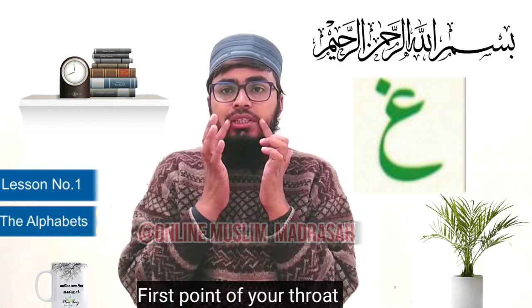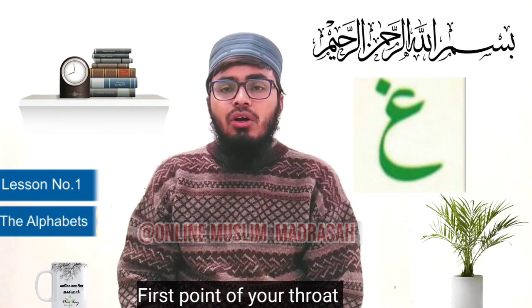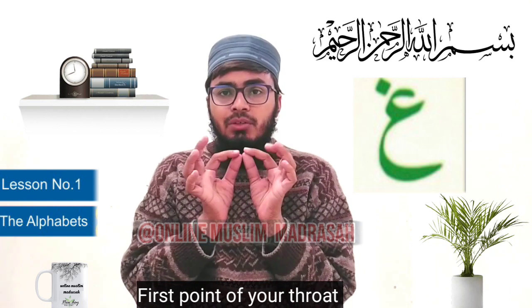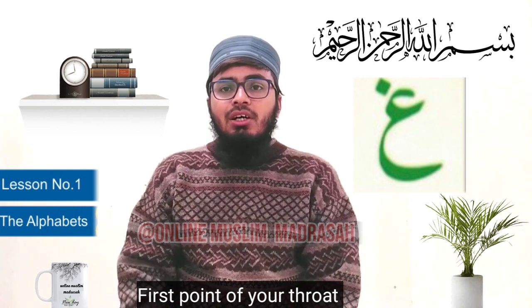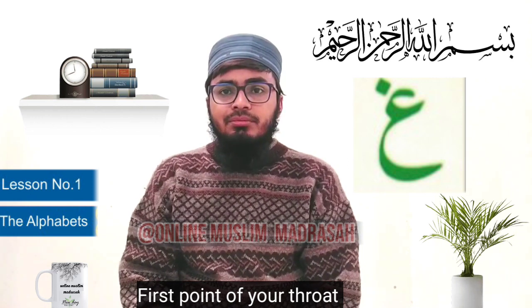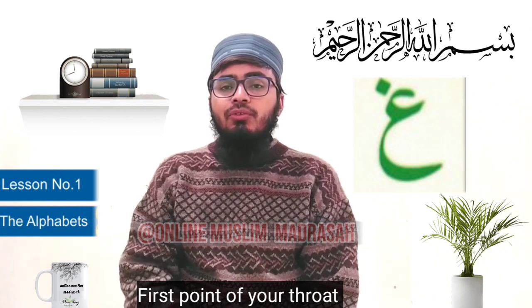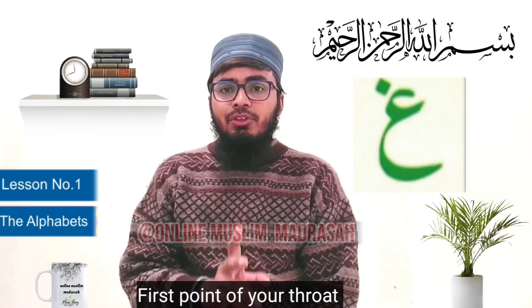Gha. You just round your lips a little bit. Gha, gha. And then in, convert your lips into a smiley face. Ghain. Yes. So you should focus on the exit point. I will repeat now.